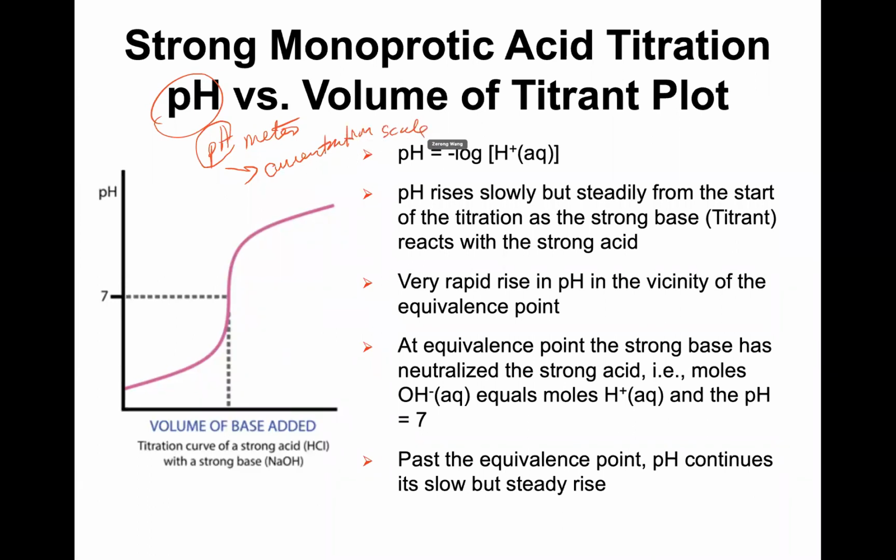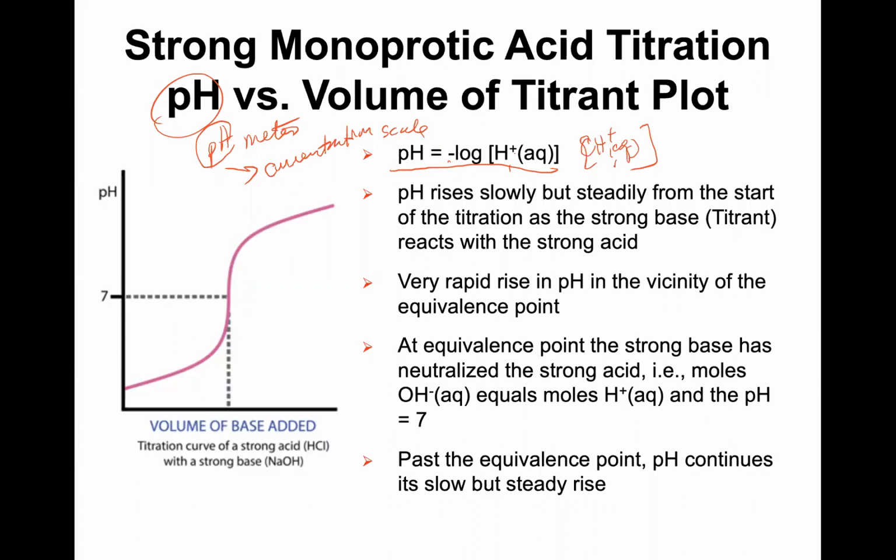By definition, pH is equal to the negative logarithm of the proton concentration. This is actually the concentration in molarity, how many moles. But we take a logarithm scale, which still shows the concentration, but on a different scale. So the pH is still a concentration scale.